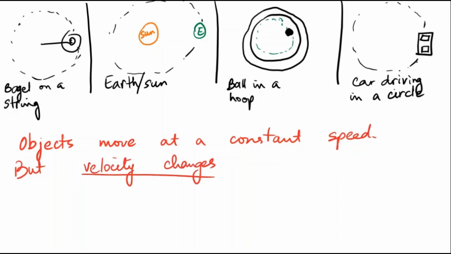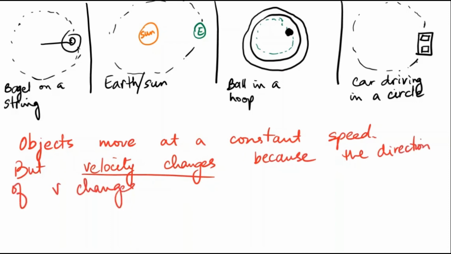But if you look at an instant, the velocity is actually changing. That's because the speed, the magnitude, is staying the same, but the direction of the velocity is changing, which means that if there's some velocity change, there has to be some acceleration. If you look at the instantaneous points, the velocities are changing.